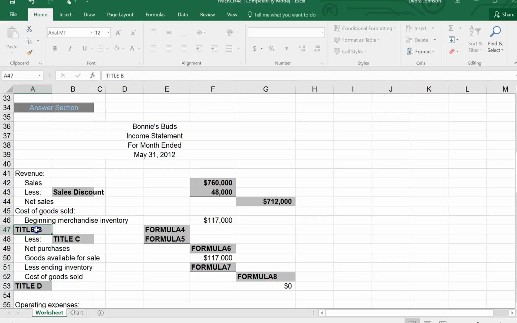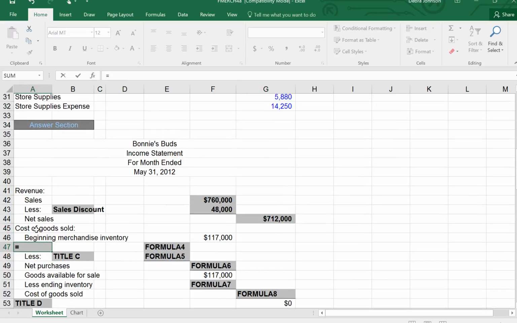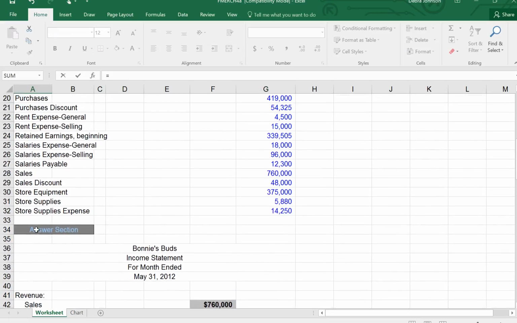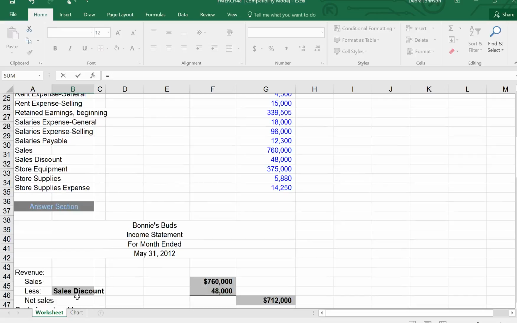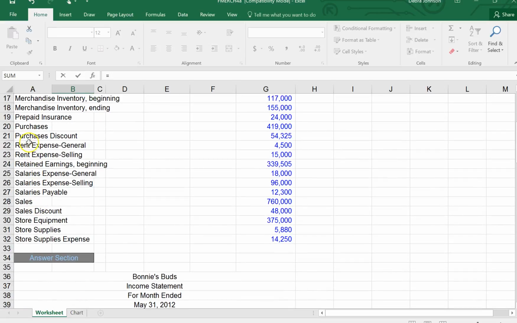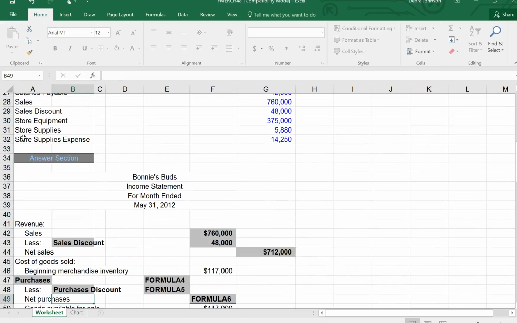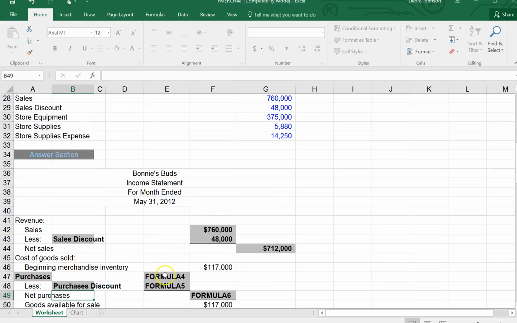So here for Title B, we're going to have equals, and we're going to go grab that purchases account up here in cell A20 and press enter. And less Title C, I'm going to press the equal sign. I'm going to go grab the contra account called purchases discount and press enter. And then we're going to fill in the dollar values.